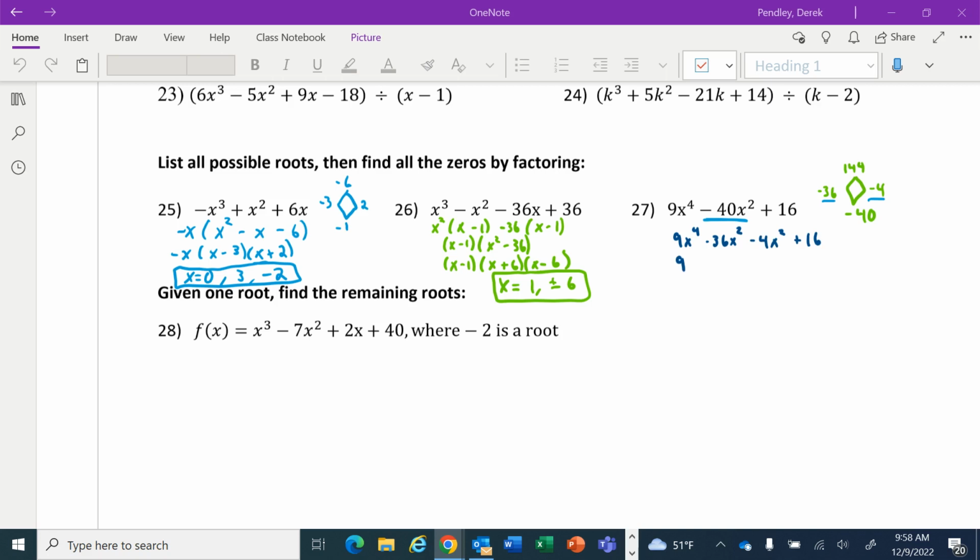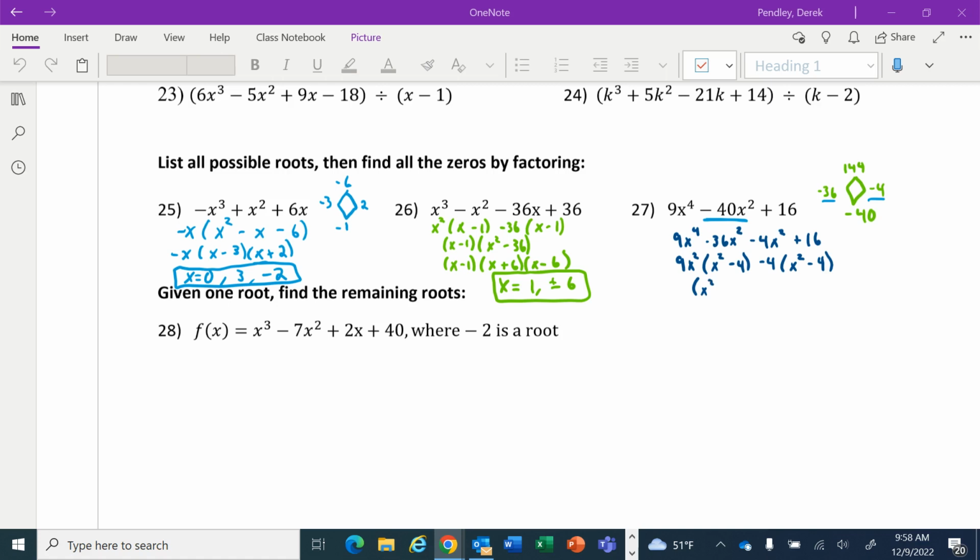When I do that, I'm left with x squared minus 4. Over here, I want to factor out a negative 4, and I'm left with x squared minus 4. If I factor out this x squared minus 4, I'm left with 9x squared minus 4.